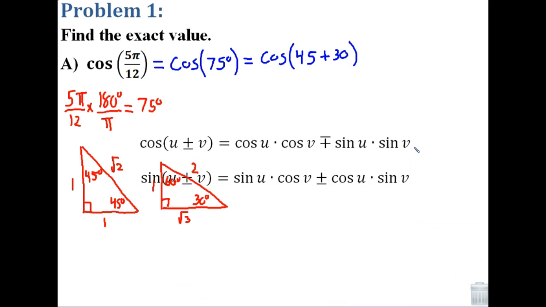I've compacted those four identities into two of them here, and I'm using the cosine one because we have cosine of a plus. So I'm going to rewrite this, using this top identity, as the cosine of the first angle, cosine 45, times the cosine of the second angle.